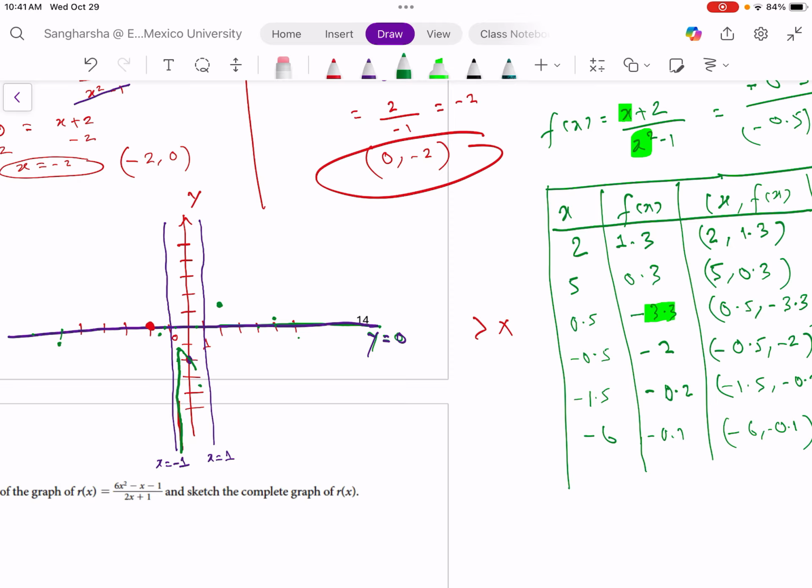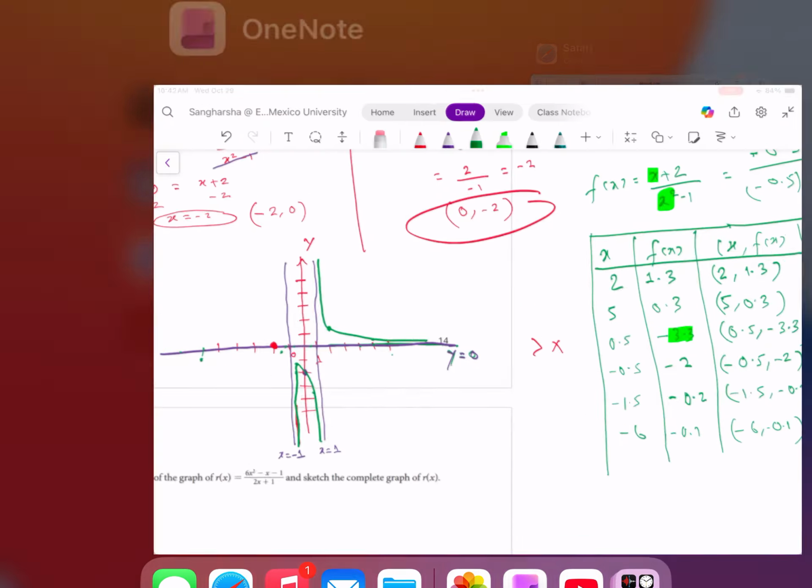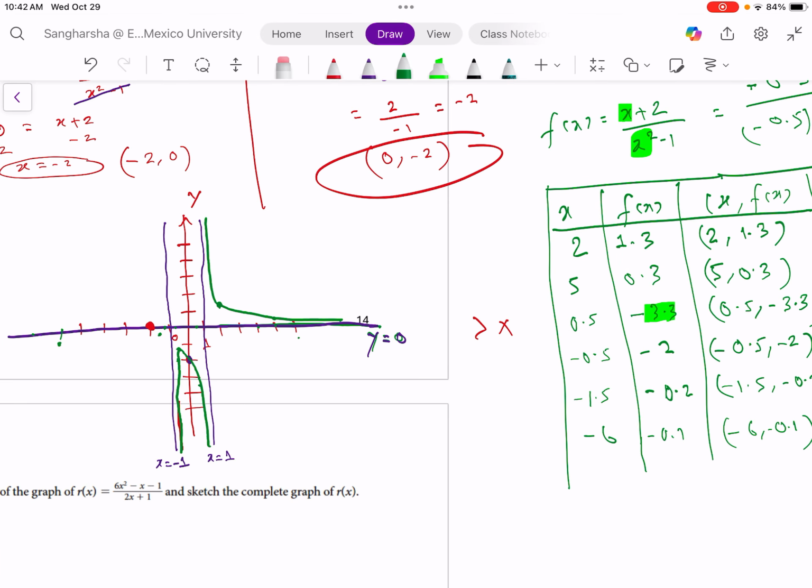Okay, let me double check. It crosses the x-axis at 2 and it gets close to the x-axis.